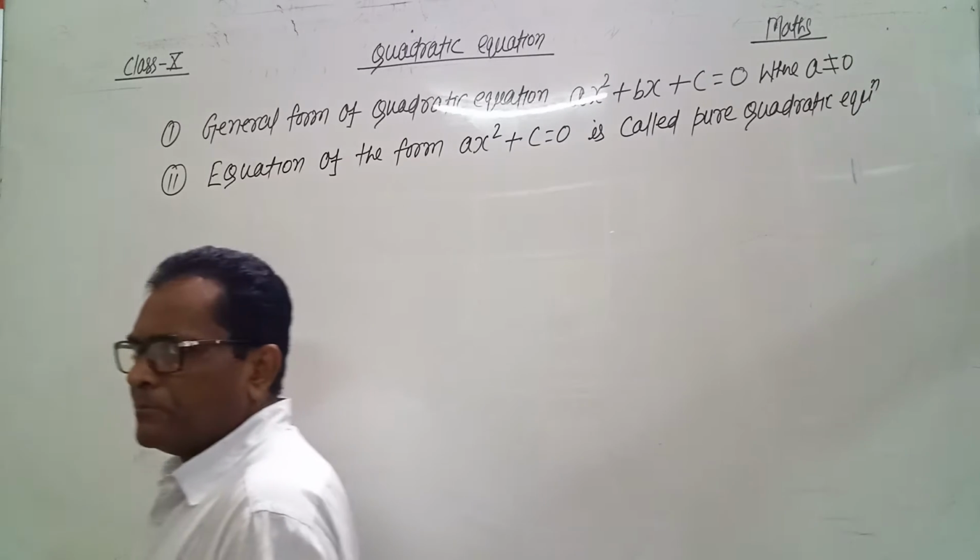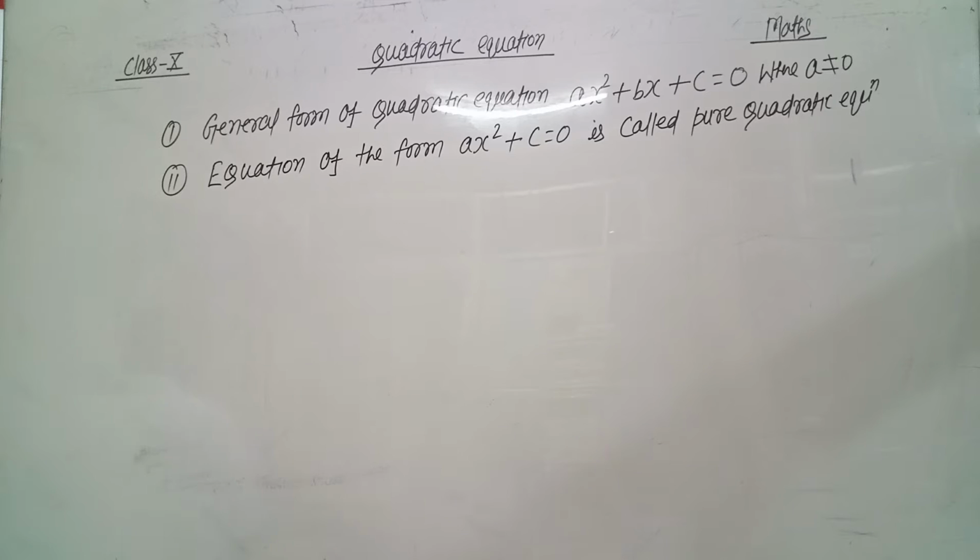So when b equals to 0, the coefficient of x becomes 0, then the form ax square plus c equals to 0 is called pure quadratic equation.